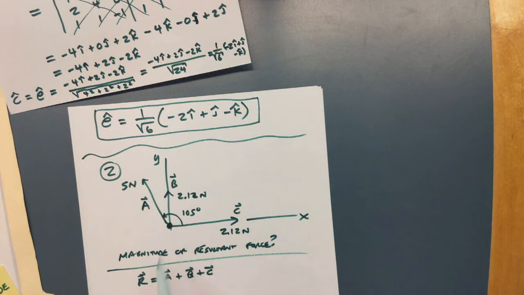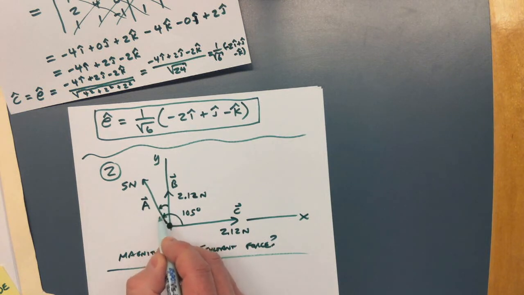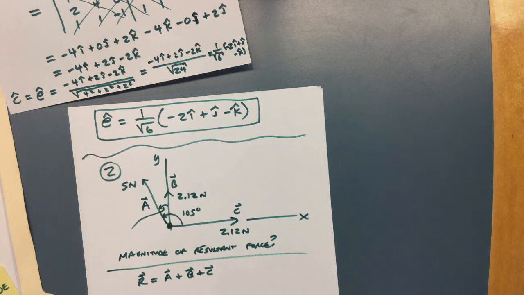for the horizontal component, if we look at this angle here, it's 105 minus 90, so that's 15 degrees. So the sine of that angle gives the component in the x direction, so minus 5 times the sine of 15 degrees.